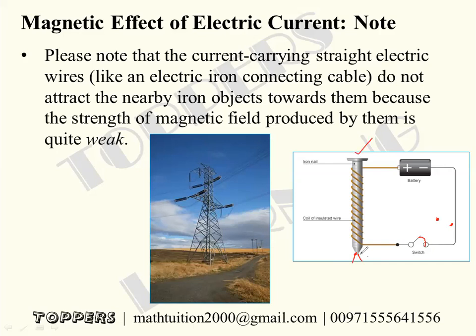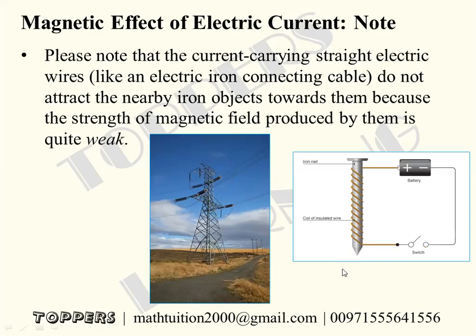See, this is our electrical cabling, what we can see in our countries, right? There are magnetic fields around current carrying conductors, but it is not that powerful. Otherwise, if a car is going, it would be attracted to the top. So it won't happen. Understood?